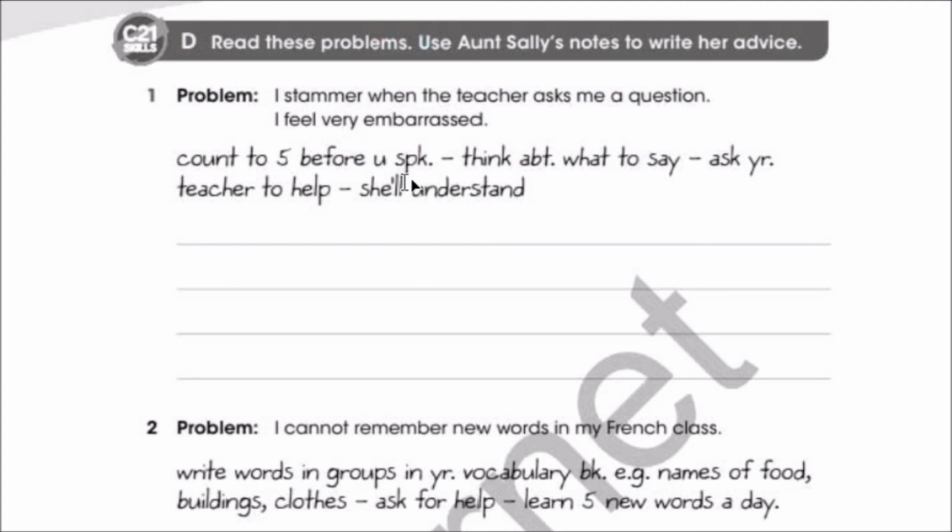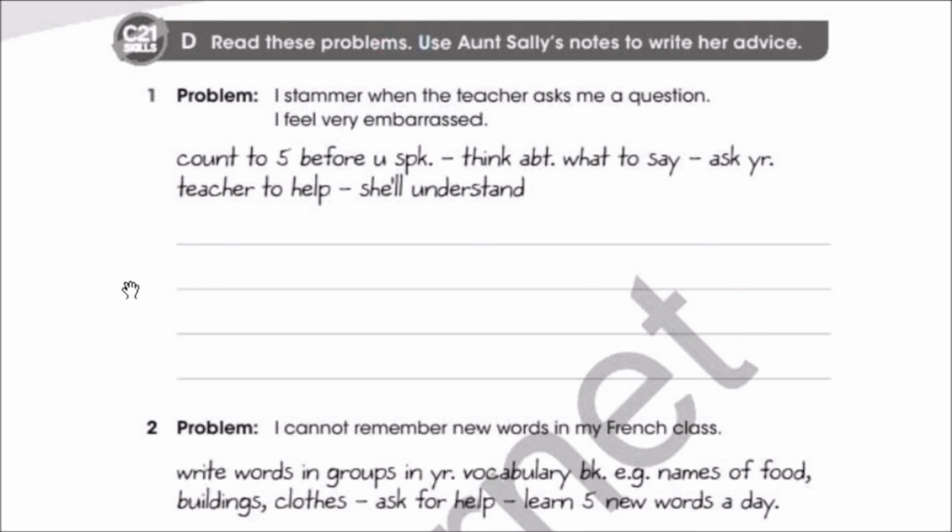She didn't use the whole word speak. She only used SPK. Think about what to say. Ask your teacher to help. She'll understand. Now, what are you going to do? You're going to take these notes and write them fully here, and then show them to the teacher.